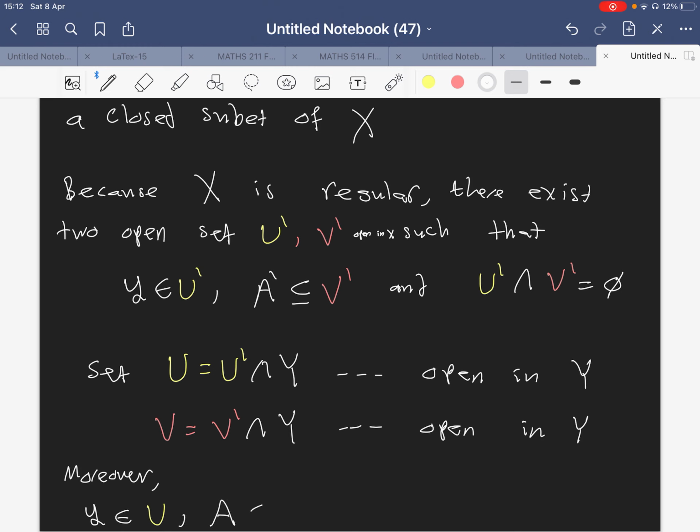A would be a subset of V, for the same reason: we have A dash a subset of V dash, and we know that A is equal to A dash intersection Y. So A is inside A dash and inside Y, so definitely it is inside V. And finally, of course, they are disjoint.